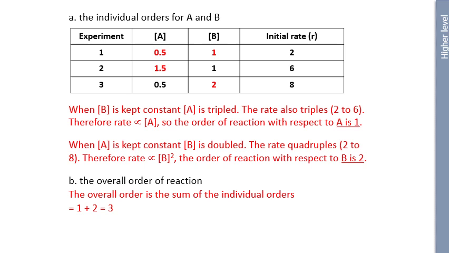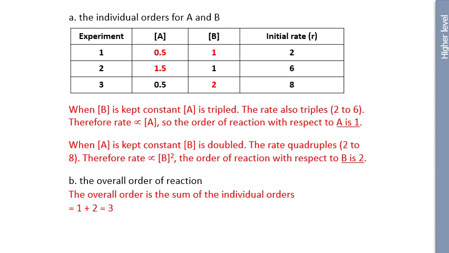And finally, in experiment 3, the concentration of A is 0.5, the concentration of B is 2, the initial rate therefore is 8. So when B was kept constant, which is experiments 1 and 2, the concentration of A tripled. The rate also triples from 2 to 6. Therefore, the rate is proportional to the concentration of A. So the order of the reaction with respect to A is 1.